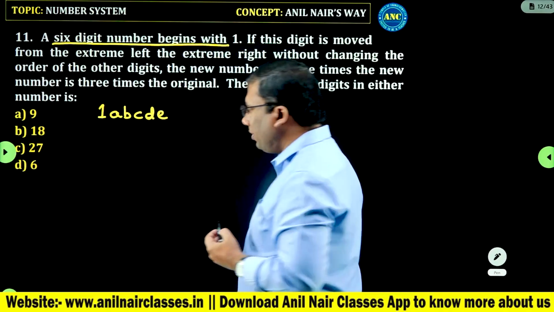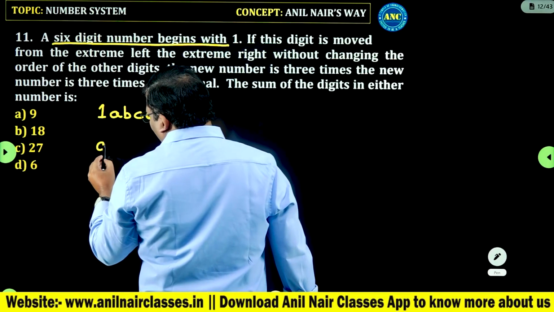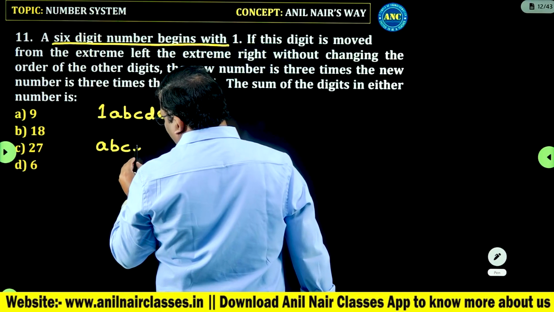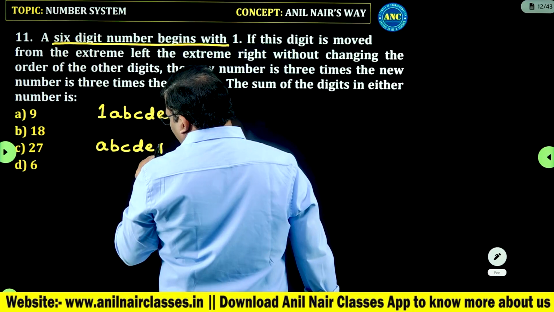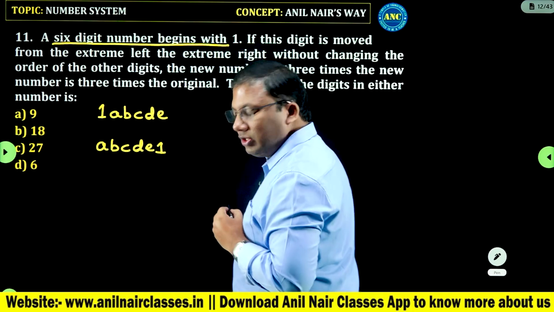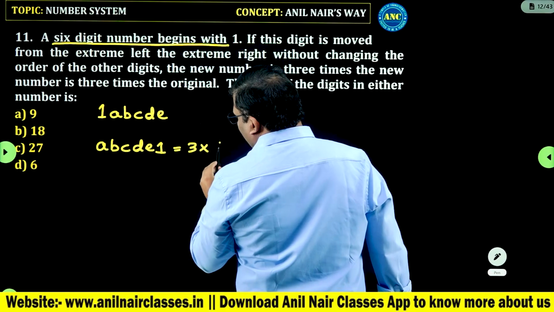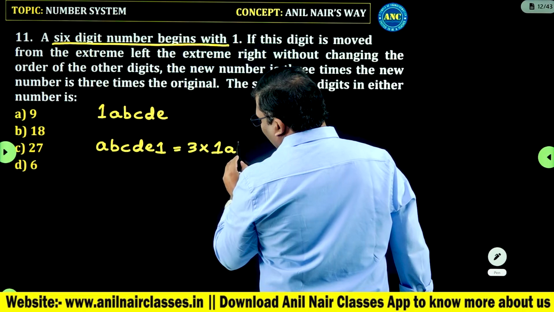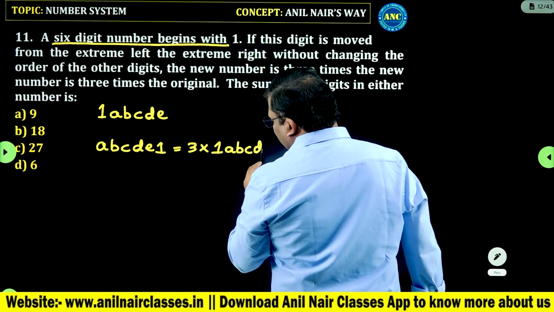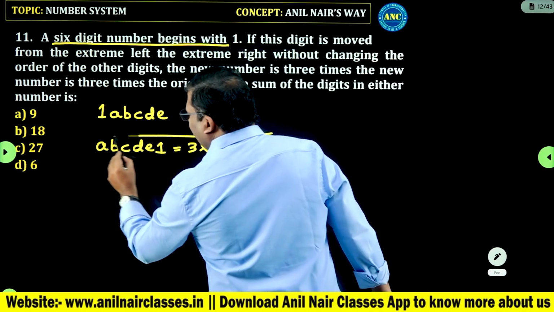This is the original number. If 1 is moved from the extreme left to the extreme right, this is the new number. It is 3 times the original number, 3 times 1 A, B, C, D, E. I hope this expression is clear.